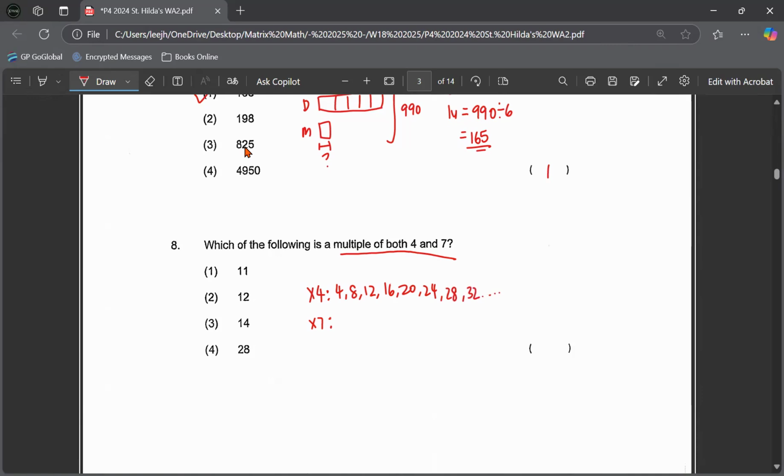Then you list out the multiples of 7. 7, 14, 21, 28, 35, and so on. So if you look at these 2 rows, right, which number appears out of these 4 options? Which is the number that appears here? It is actually none other than 28. So the answer is option number 4.